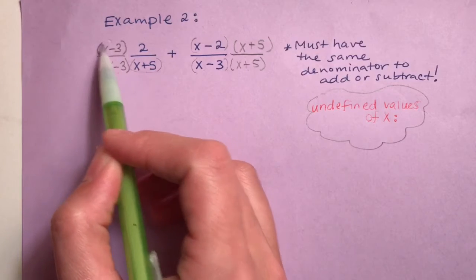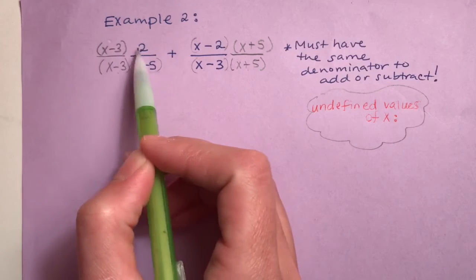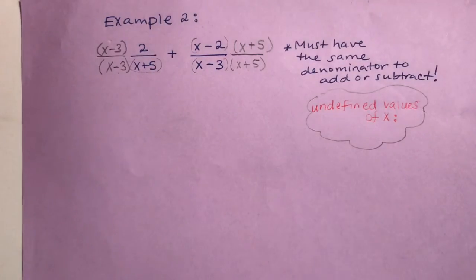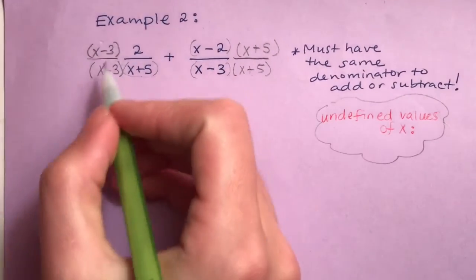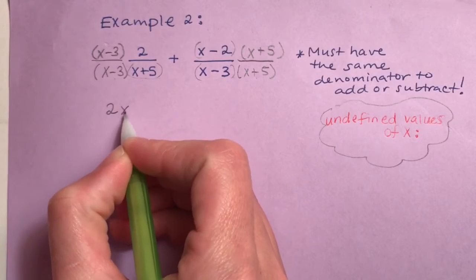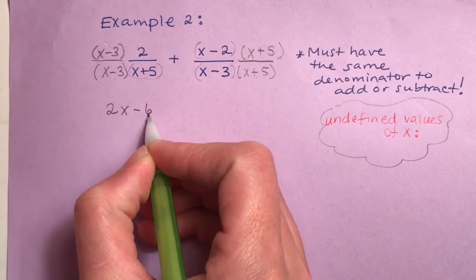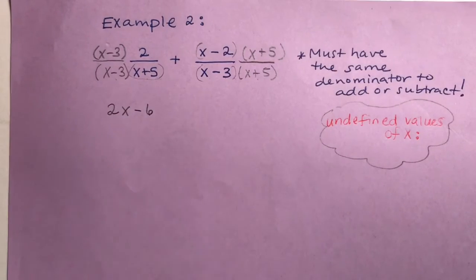In the top here, this is x minus 3 times 2. So that means 2 times x and 2 times negative 3. I'm going to put that down here. So 2 times x, and then 2 times negative 3 would be negative 6.